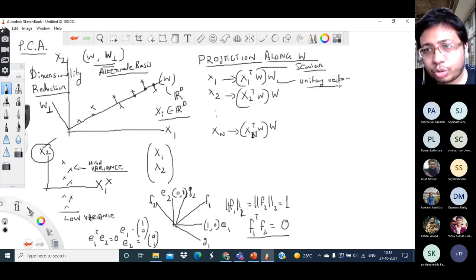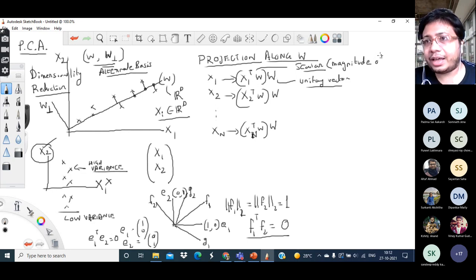Now this part, which is the scalar, is sometimes called the magnitude of the projection. The projection, as I have defined, is this whole thing, which is obviously a vector. It's a scalar multiplied by the vector, which obviously is going to be a vector. But if you consider only the scalar component, that is the magnitude of the projection.